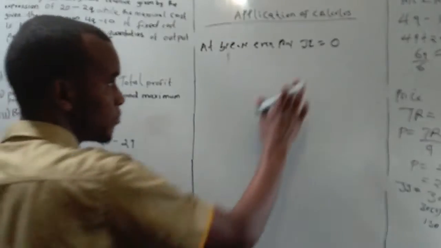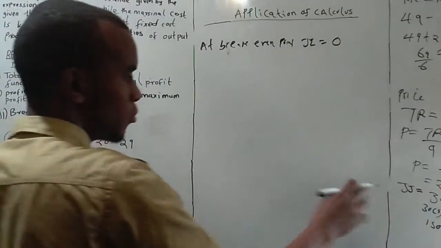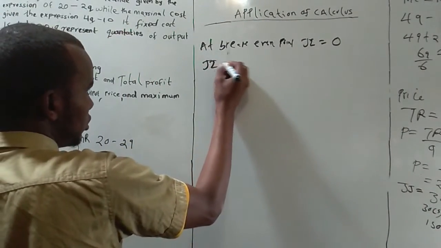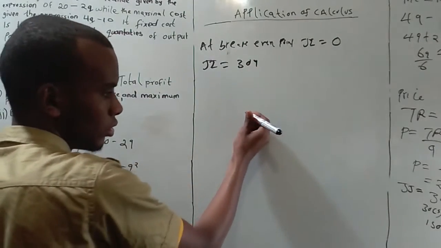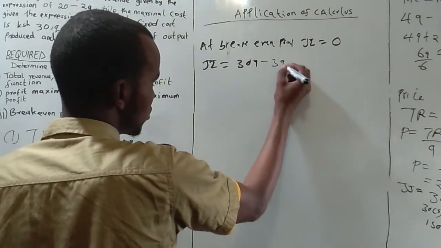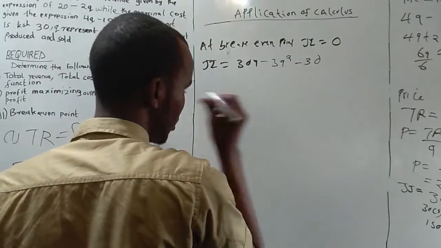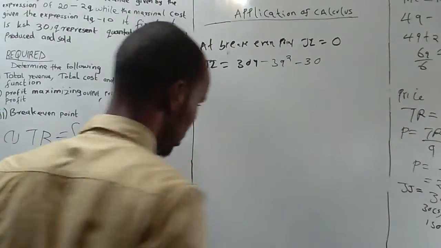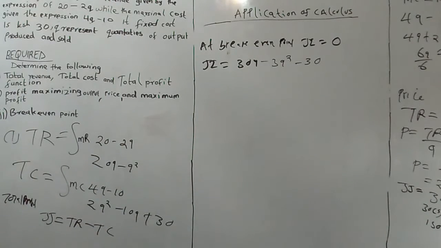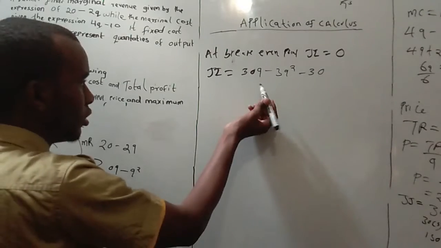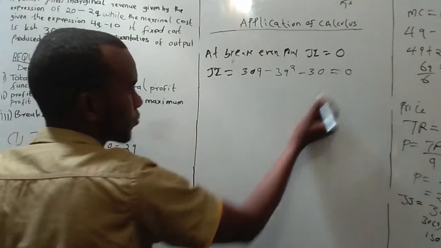Not the derivative, but the profit. And remember, our profit function was 30q minus 3q squared minus 30. Now we equate this to 0.